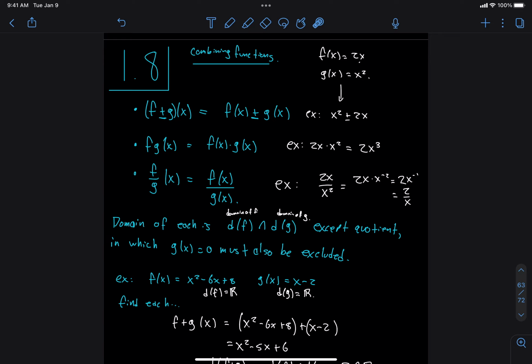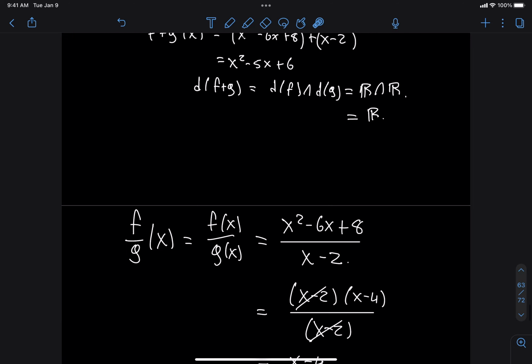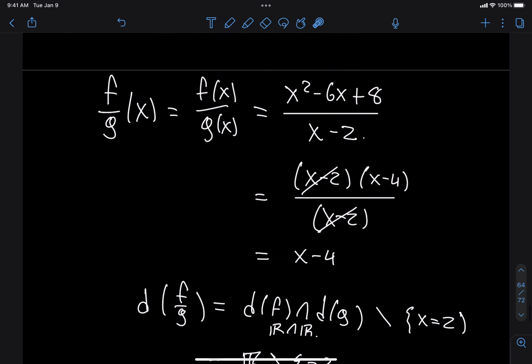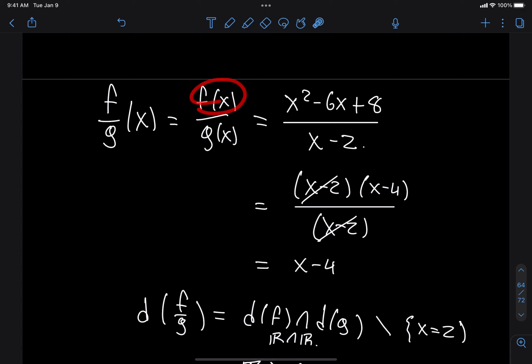Okay, so we saw an example of that when we had f divided by g here, where f of x was given by this quadratic and g of x was given by x minus 2. So even though the domain of g of x, which is x minus 2, is all real numbers, for the domain of f divided by g, we're going to throw out the possibility that x could be 2, right? Because we don't want to make that denominator 0.